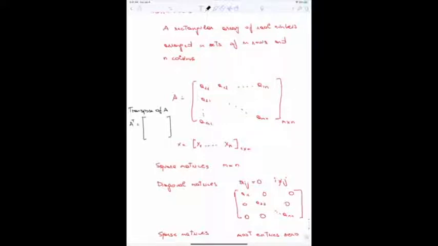So what you get is a matrix of size n times m. The diagonal is always the same, but then what was A21 becomes A12. So A21 goes here and A12 goes here, and so on and so forth. So this one here is going to be AMN, well, NM.